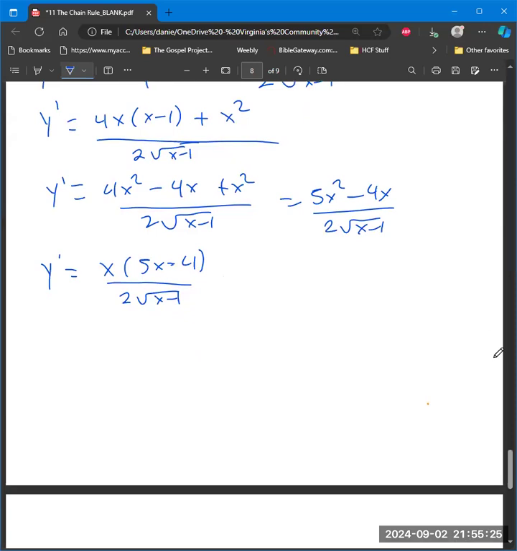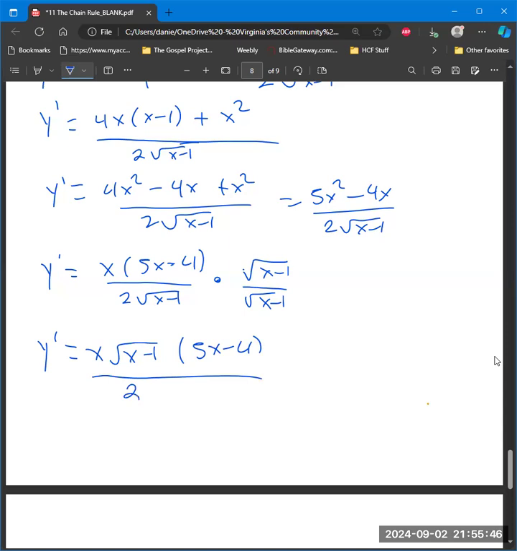Let's actually rationalize this denominator here. Multiplying by root x minus 1 over root x minus 1 is going to give us y prime equals x root x minus 1 times 5x minus 4 over 2 times x minus 1.